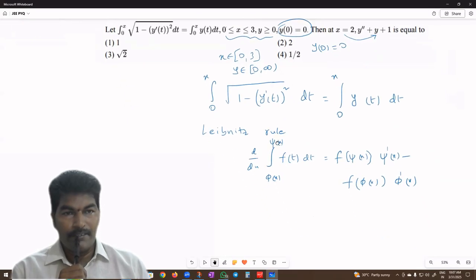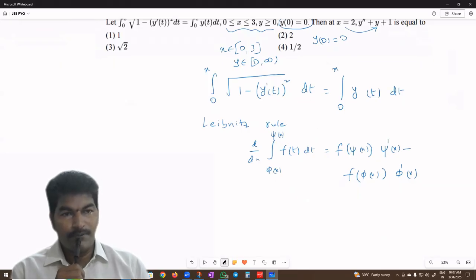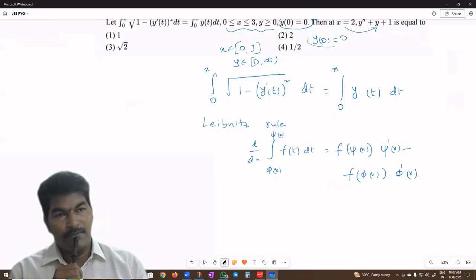And here I am applying this Leibniz rule to solve this integral. Also remember y of 0 was 0.